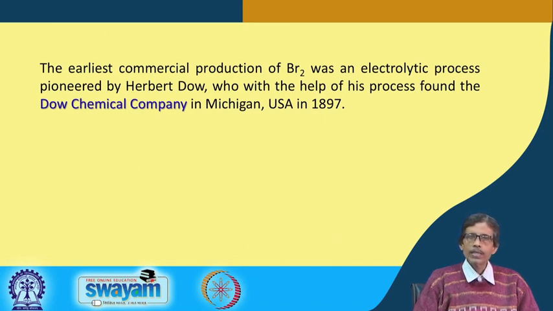So, the commercial production began in about the year 1897. You see, more than 100 years back people were doing all these things. Historically, this knowledge is important to everybody, to us also, where people used the electrolytic process, that means electrolysis, because the bromide to bromine conversion is nothing but oxidation.